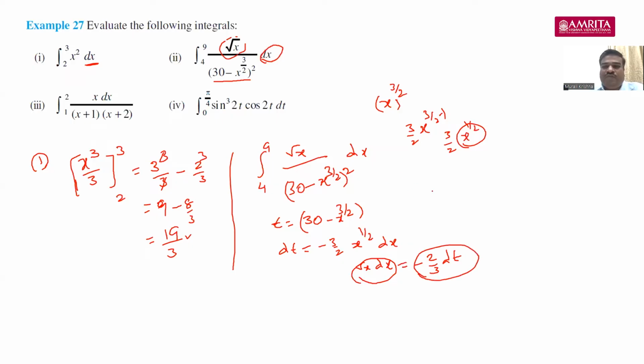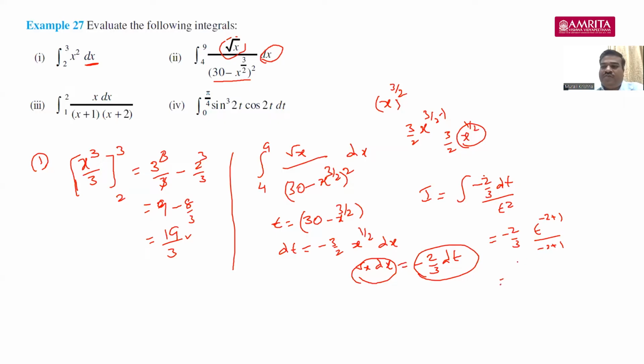So our integration problem will be converted to integral minus 2 by 3 times dt by t square. Finally, this answer is minus 2 by 3 times t power minus 2, integration is t power minus 2 plus 1 by minus 2 plus 1.